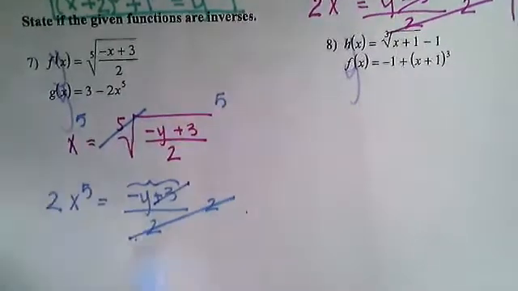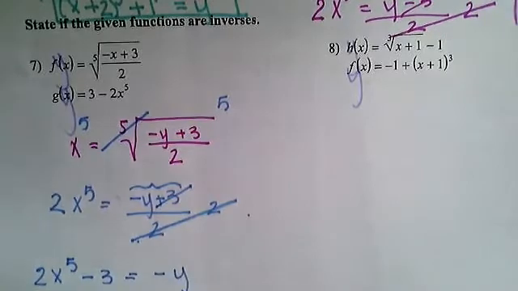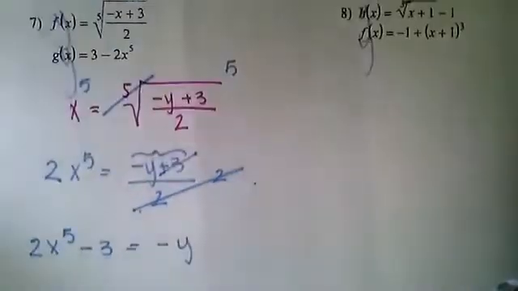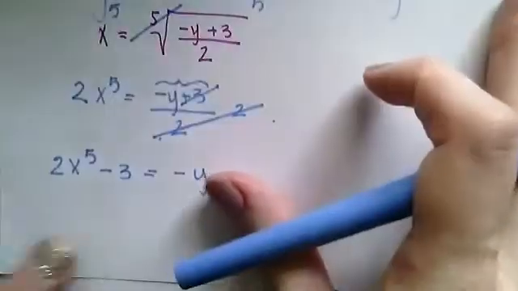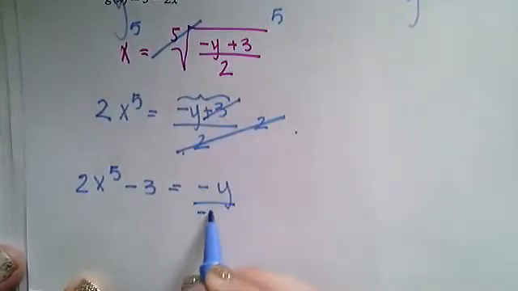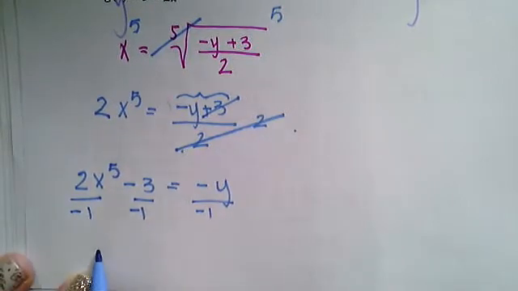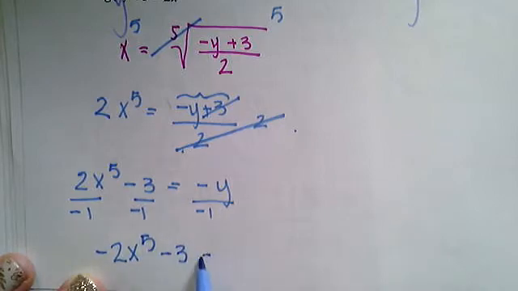So since it's a plus 3, I'm going to minus it over to the other side. And this is almost 100% done. Now, since it's a negative y and we want it to be a positive y, we can divide them all by -1, or we can just switch the signs. Either way is going to get you the same answer.